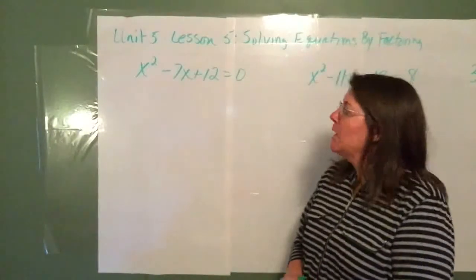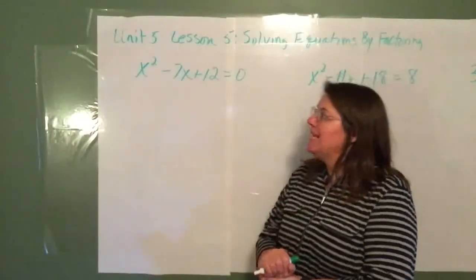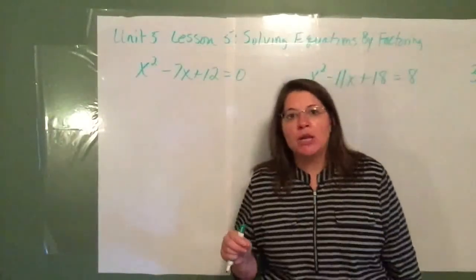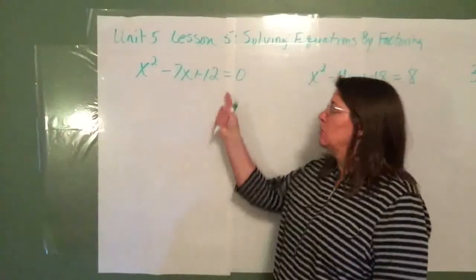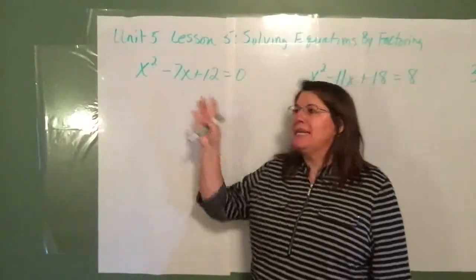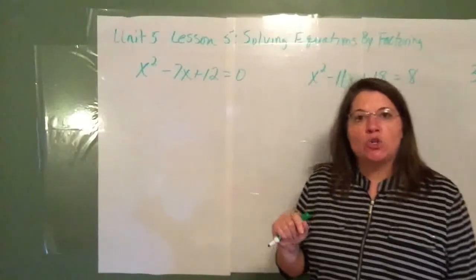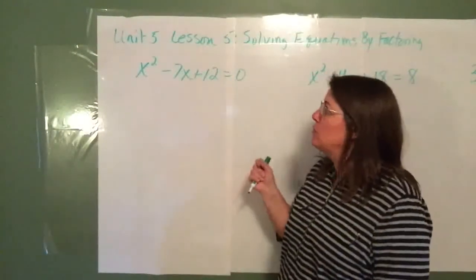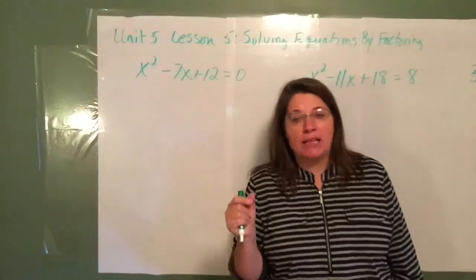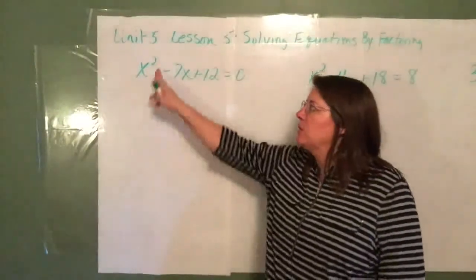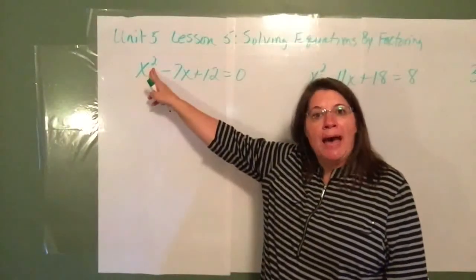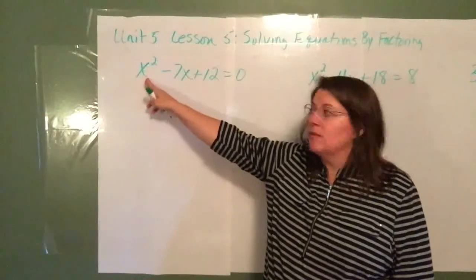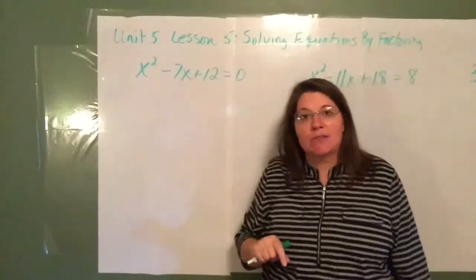With this one, anytime you have a trinomial set equal to something, or anytime you have an equation to a power other than 1, you have to solve that equation most likely by factoring. With this one, the highest power of this expression is x squared.